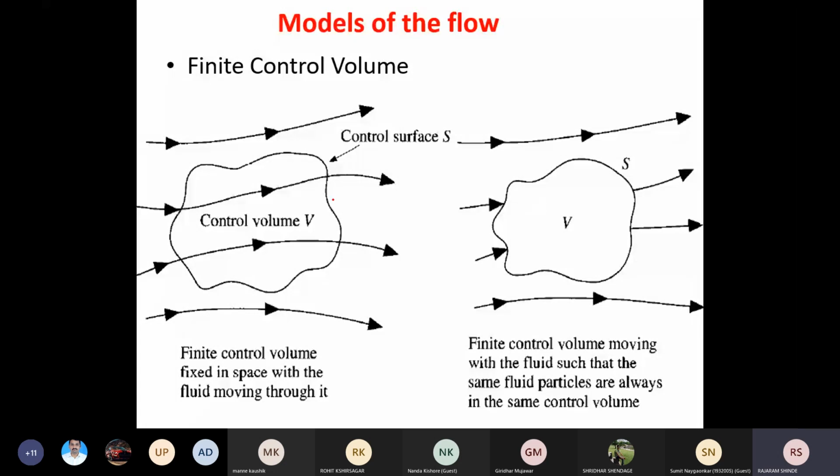In both cases we are getting the integral form of the equations. The equations from the finite control volume fixed in space are called the conservation form of the governing equations. From the first we get the conservation form, and here we are getting the non-conservation form.